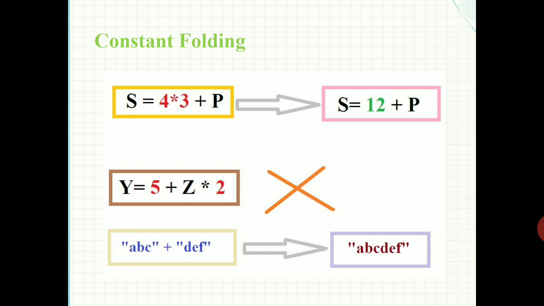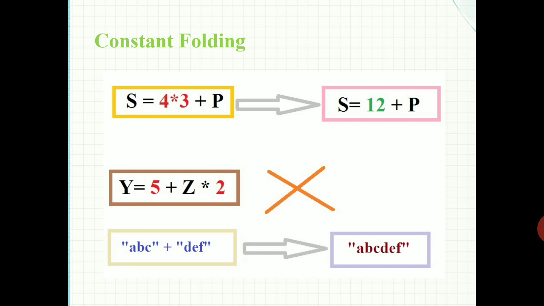So we can evaluate the constant expression 4 into 3 at compile time rather than at runtime. We can improve the runtime performance and also reduce the size of the code. If we compute it at runtime, there are 4 references, s, 4, 3 and p, but here we eliminate one of the references.